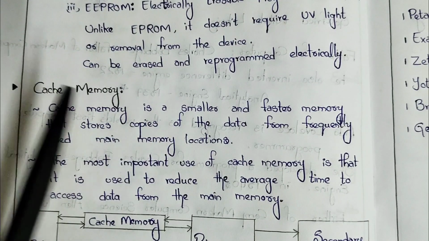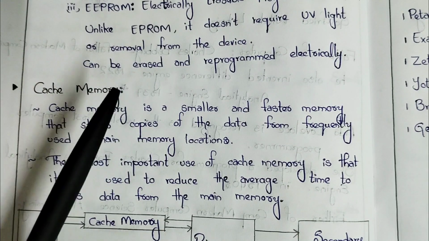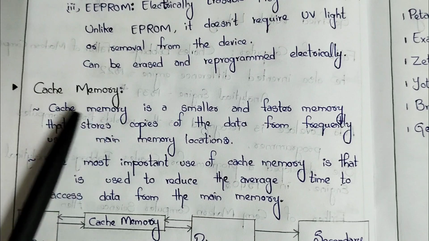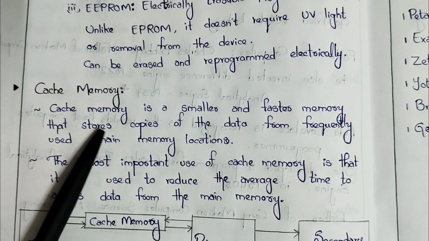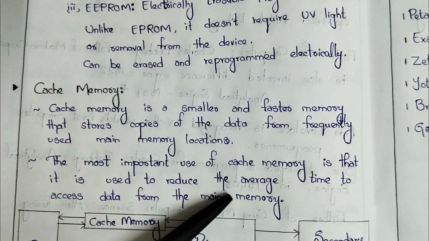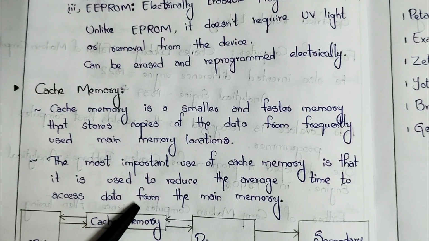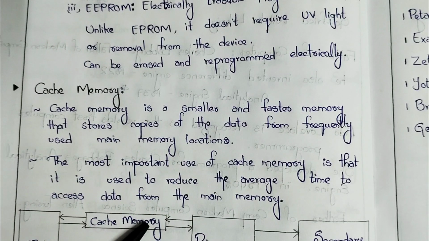So what I do is I open Google and I search for Tom and Jerry. I'm doing that daily, let's say 10 to 15 times in a day. So every time I'm searching, it means that I'm accessing the data from the main memory if there is no cache memory. If there is no cache memory, I will be accessing the main memory again and again.